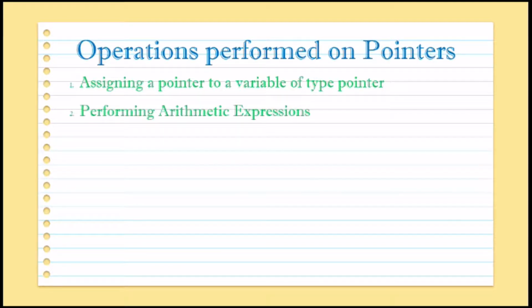The next operation that we can perform on pointers is arithmetic operations such as addition, subtraction, multiplication and division using pointers. We will take one example and we will see how we can perform arithmetic operations on pointers.